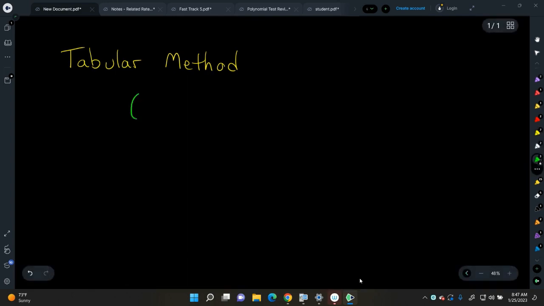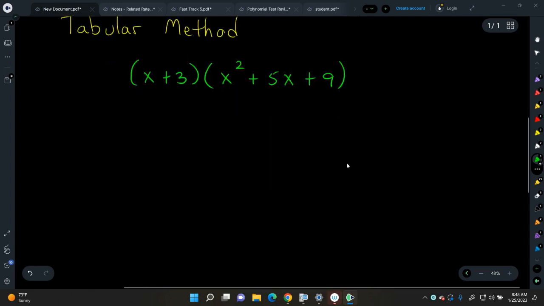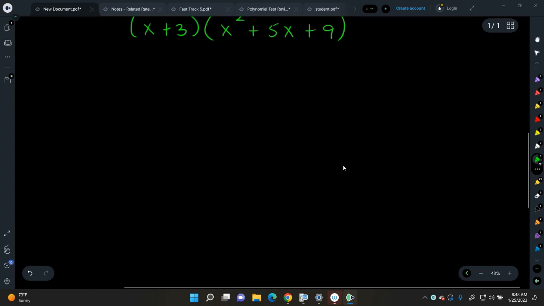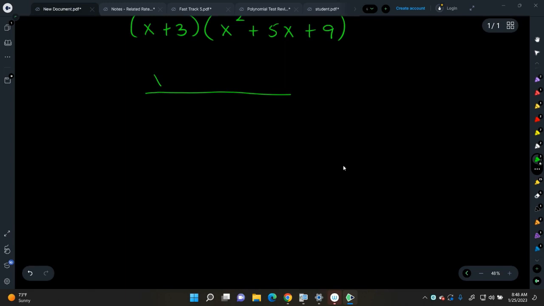So for instance, if we want to do x plus 3 times x squared plus 5x plus 9, okay? And what we do is we make a table. I'm going to have x squared plus 5x plus 9, right? These are my columns. How many of you have done this before, the tabular method? Okay. All right.